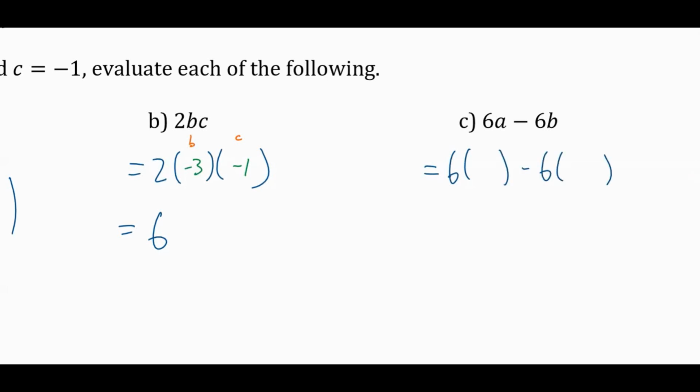So I put 6 empty brackets minus 6 empty brackets, and inside those brackets, A, which is 2, and B, which is negative 3.